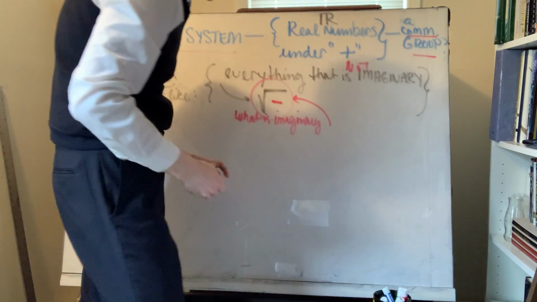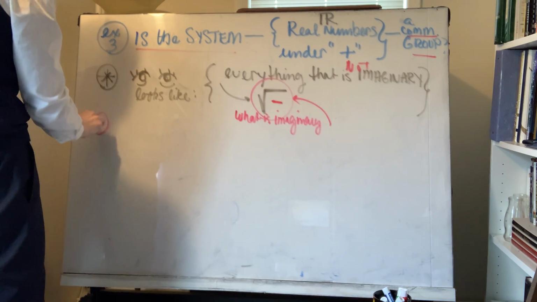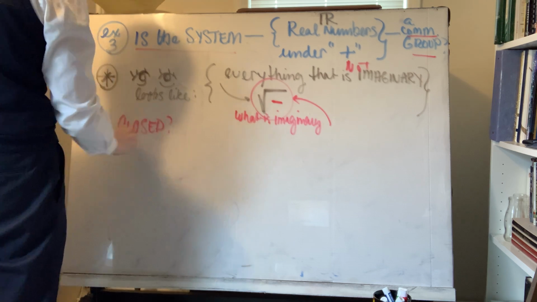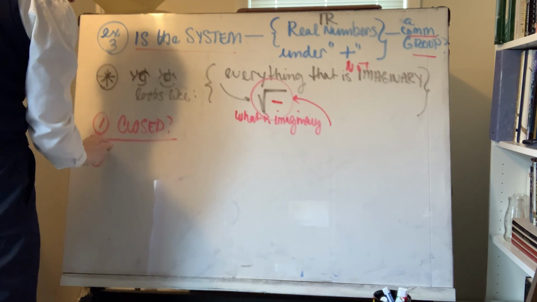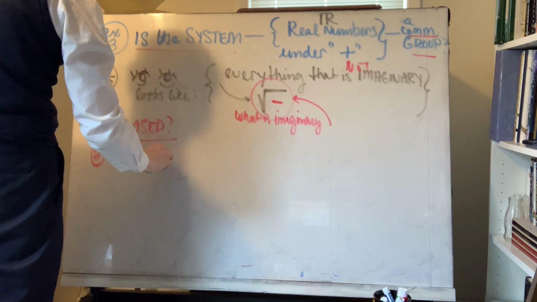And check our criteria again. Number 1, is the system closed? Number 2, is the appropriate identity element included?